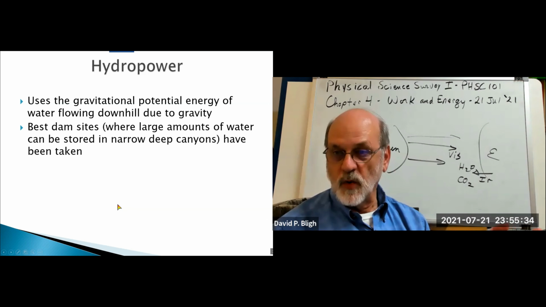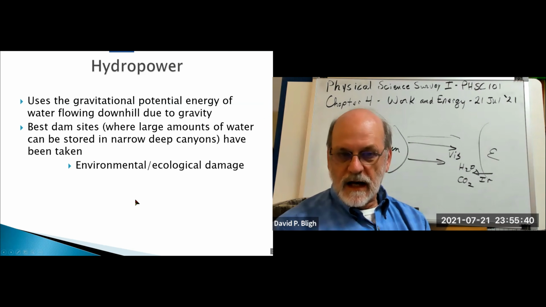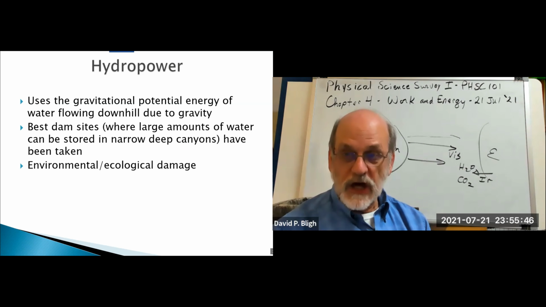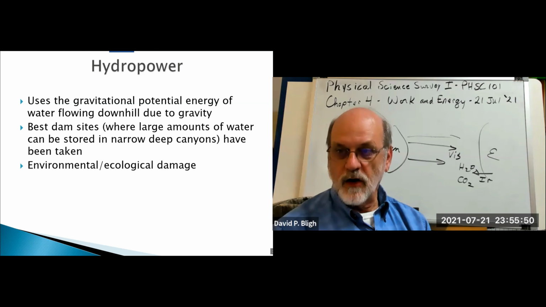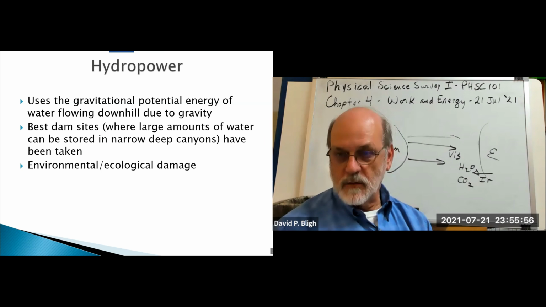You can't build any more with our current technology. There are questions of environmental and ecological damage, right? Whenever you throw up a dam, you flood a region of land that was once arable. Many times it's farmland or land that was once used for habitation.